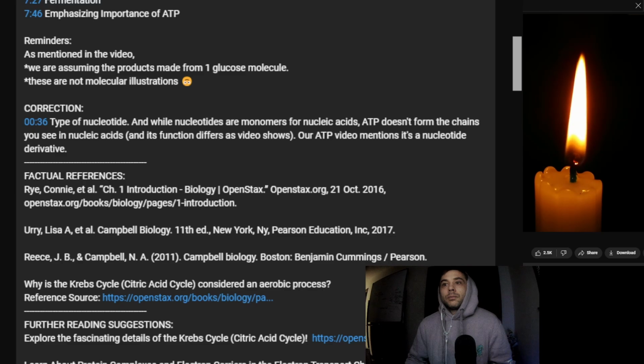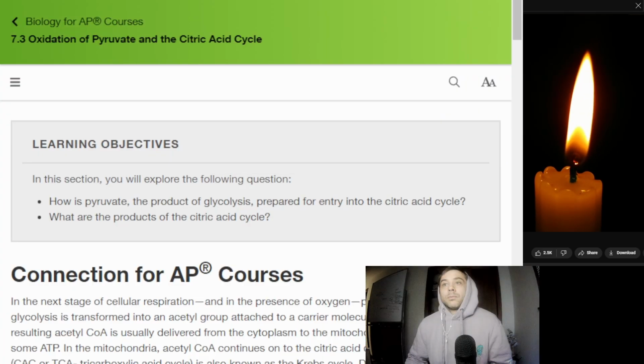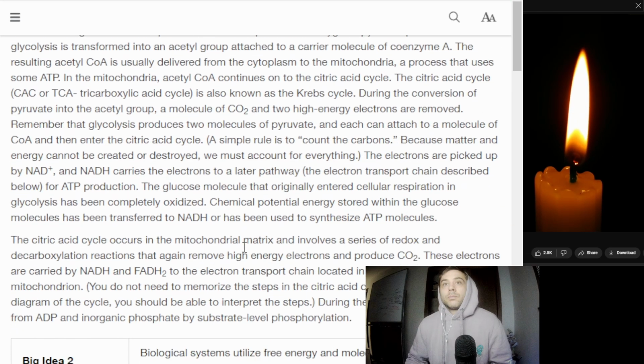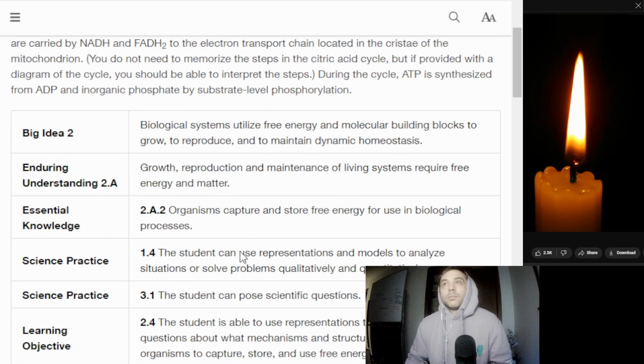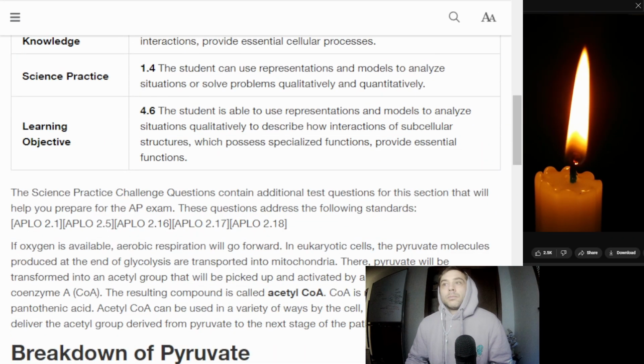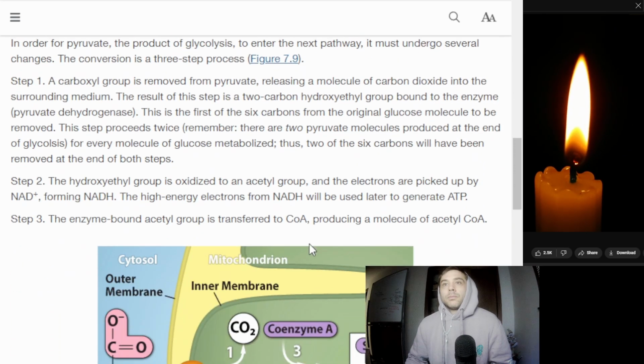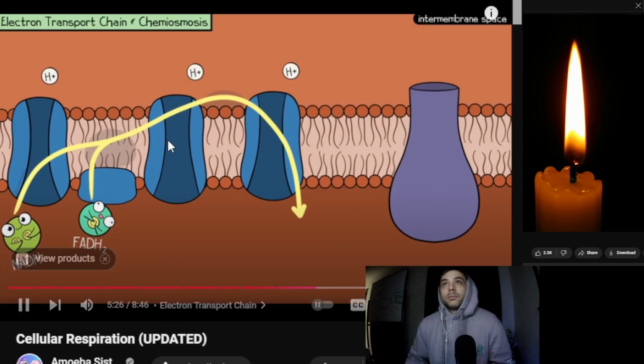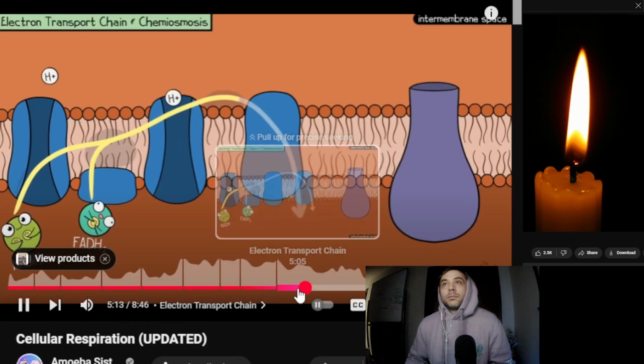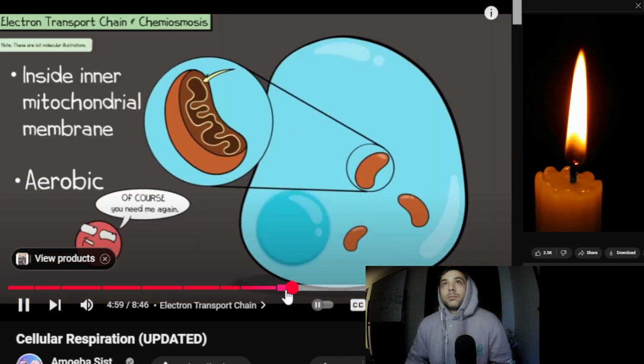The electrons are used to generate a proton gradient, as protons are pumped across to the intermembrane space. All these protons being pumped out into this intermembrane space generates an electrical and chemical gradient.